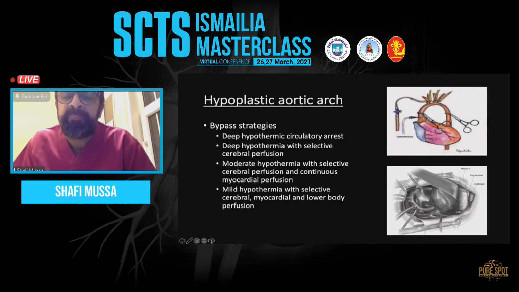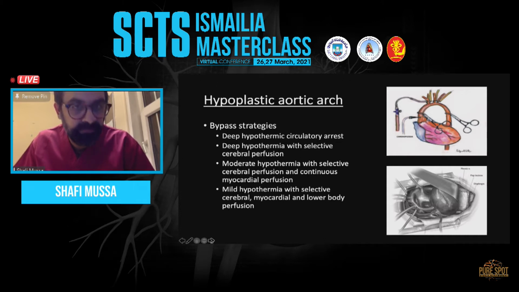So the bloodless field is achieved by placing cross clamps on the ascending aorta, the descending thoracic aorta, and snaring the supraaortic or head and neck vessels. The arch can then be opened and repaired, but all the time the cerebral vascular bed is being supplied by arterial inflow.